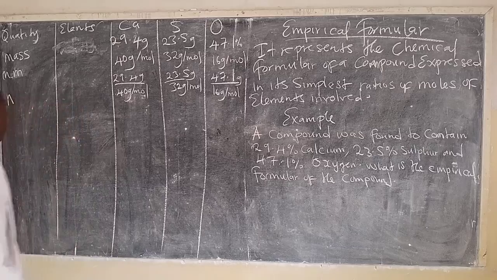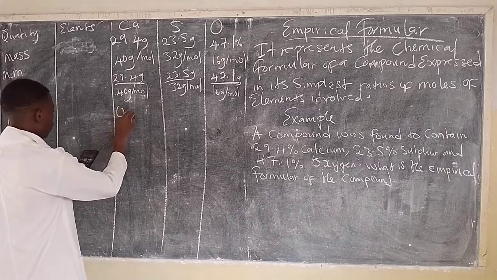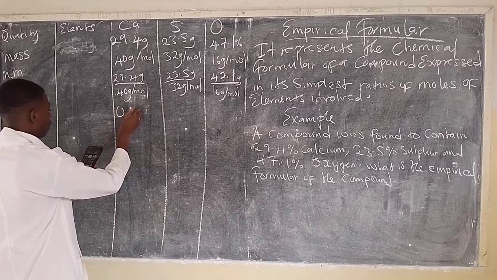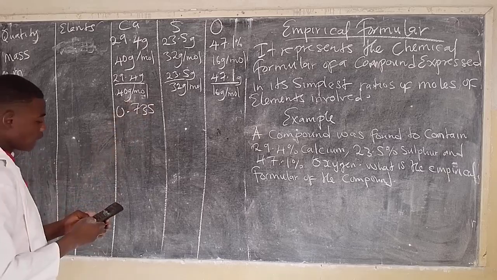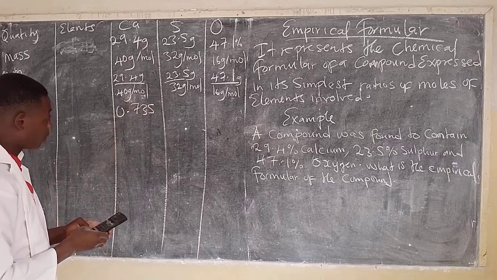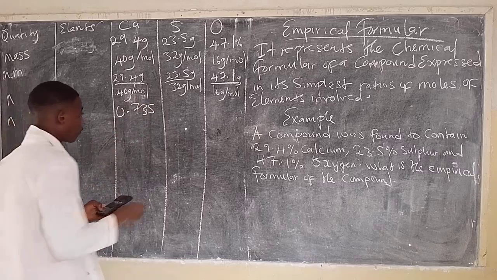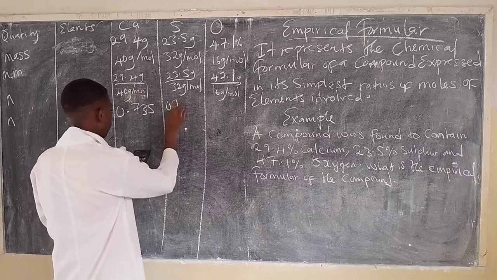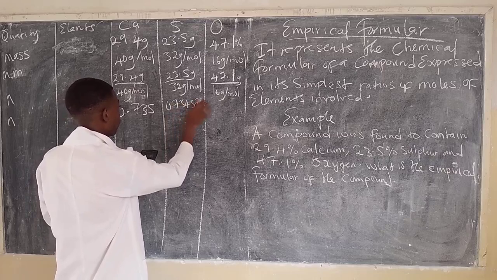So with this, we are now able to find the number of moles. For the first one, we have 29.4 divided by 40, which gives 0.735. Then we also have 23.5 divided by 32, which gives 0.734375.